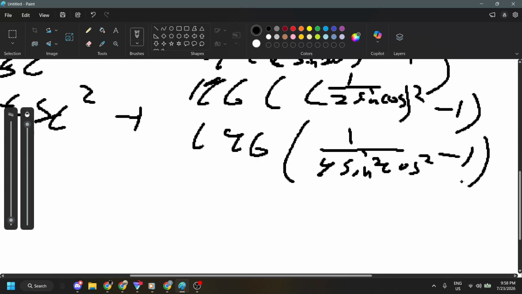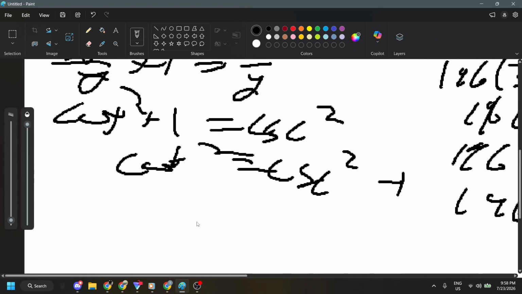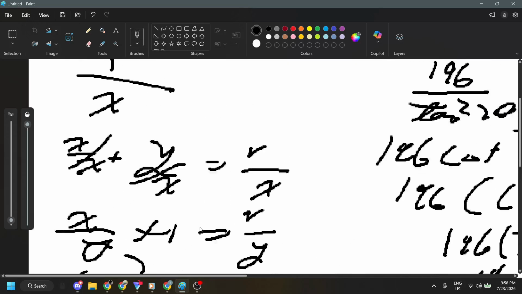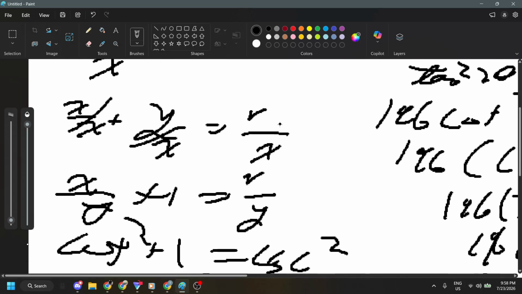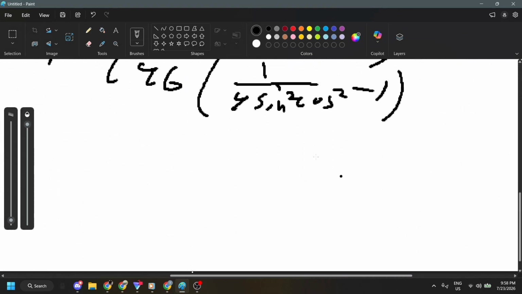I swear sine squared cosine squared, is that anything? I don't know. I could make this in terms of, I want this in tangent. Tangent is related to secant. So I want over x, because I want this to be secant.